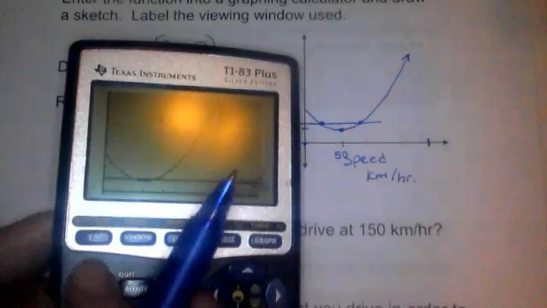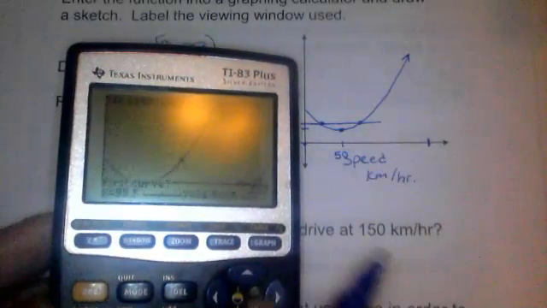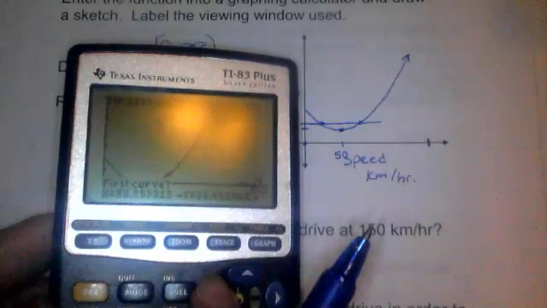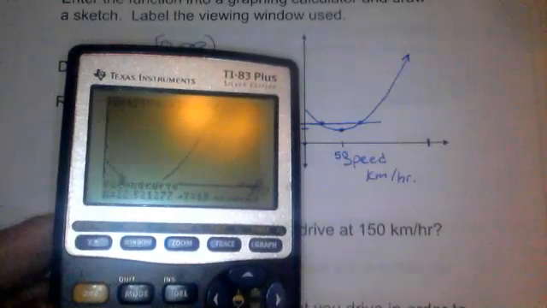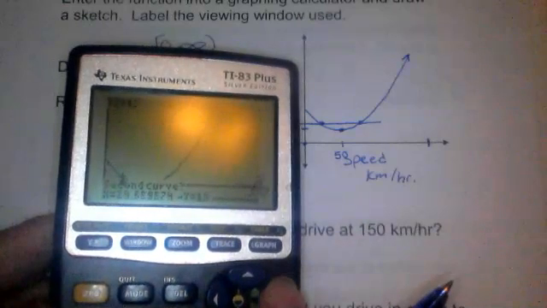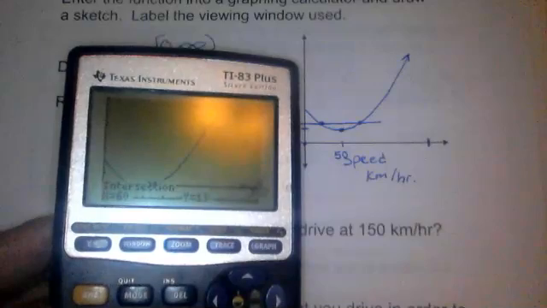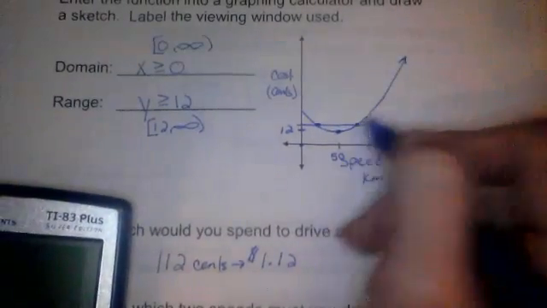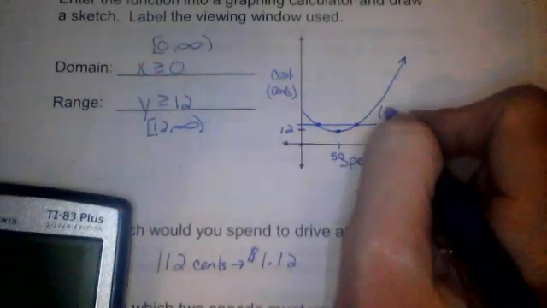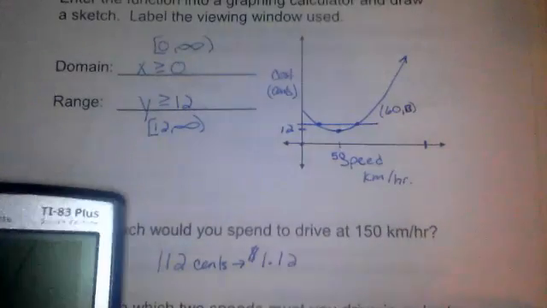So we're going to second calculate the intersection, and we're going to go left and right of each of those points. So I'm going to go to the far left first. And so we have 60, 13. Oh, I think I actually got the one on the right. This one is at 60, 13.